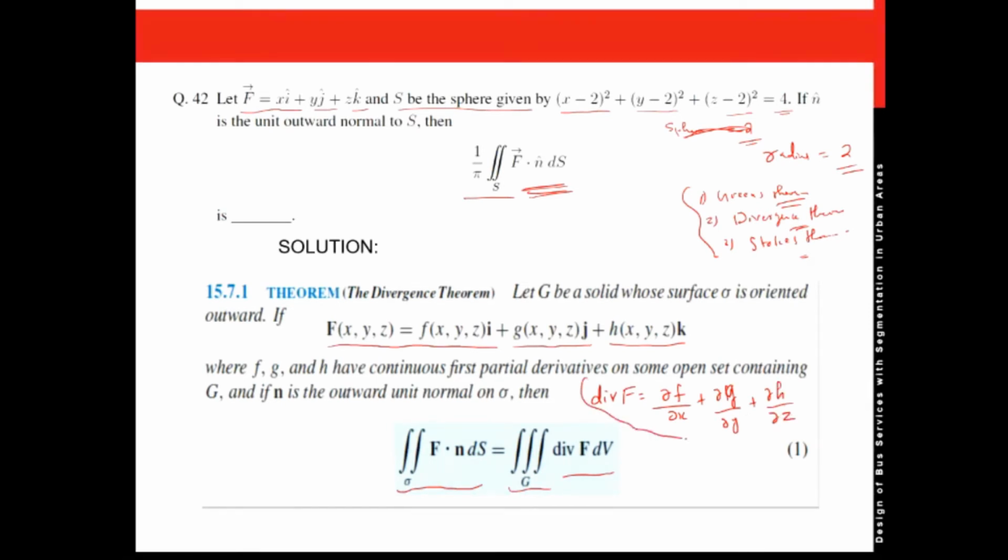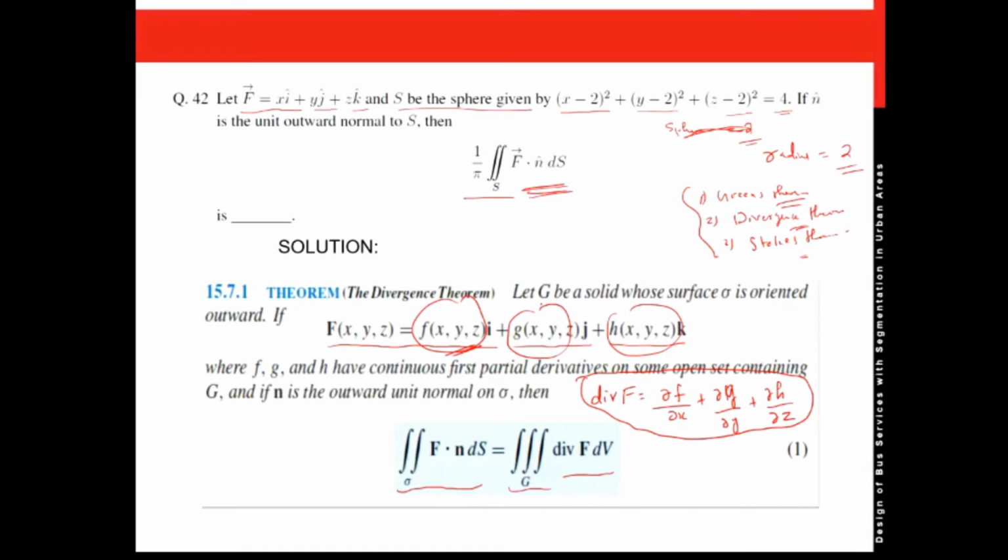So this is the formula for divergence. Find the derivative of this with respect to x, this with respect to y, and this with respect to z, and add. So this divergence is a scalar quantity.